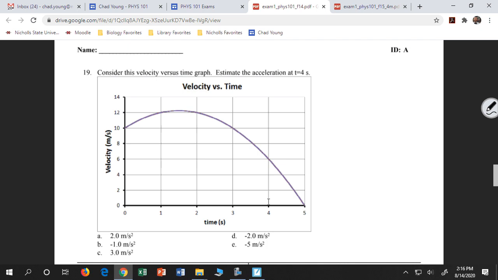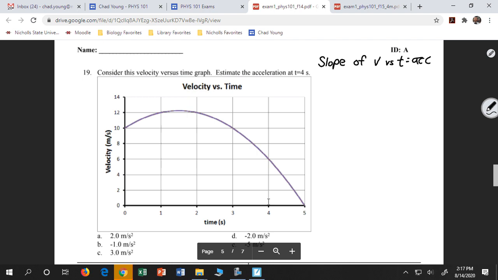So consider this velocity versus time graph. First of all, a couple of things you need to know. The slope of a v versus t graph is equal to the acceleration, and the area of a v versus t is equal to the distance traveled.